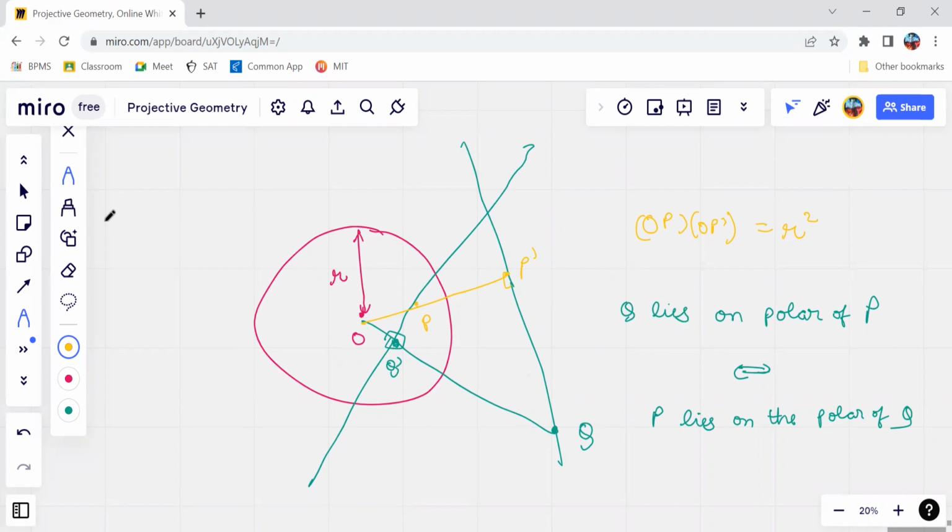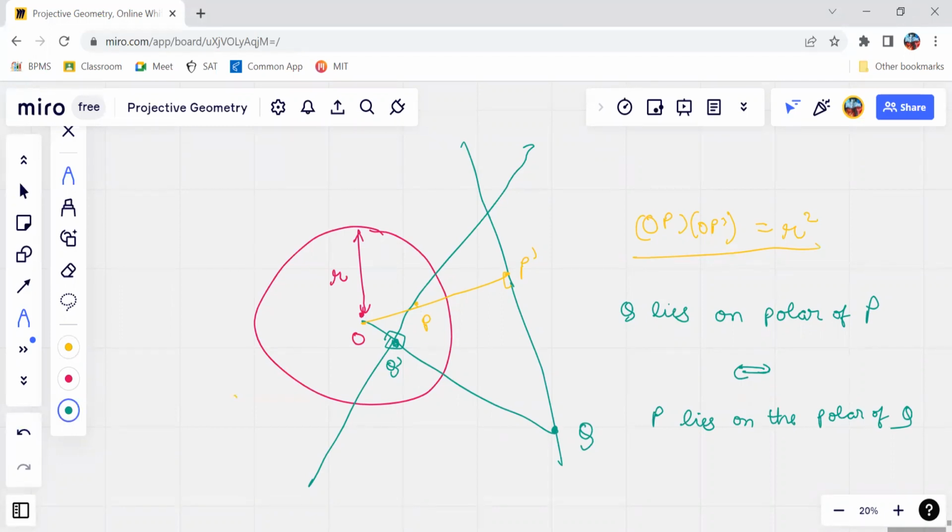How are we going to do that? The only definition we're allowed to use of inversion is this, nothing else. You can take that similar triangle thing, that angle OQP is equal to angle OP dash Q. Why?